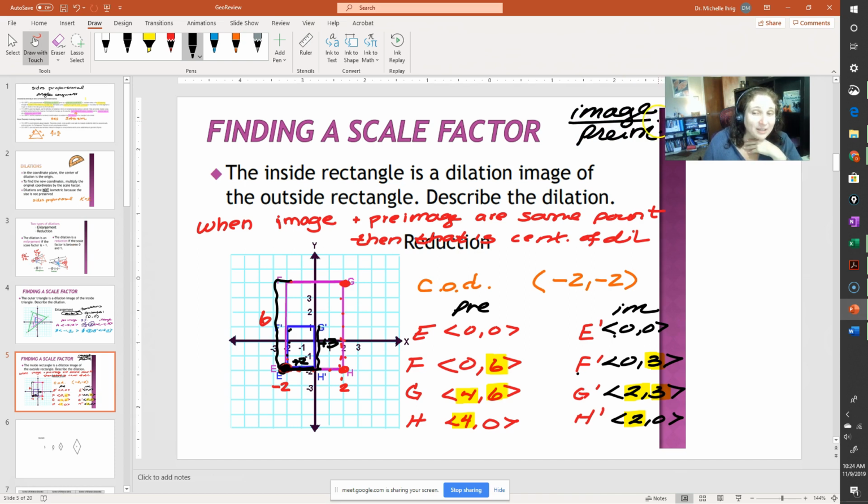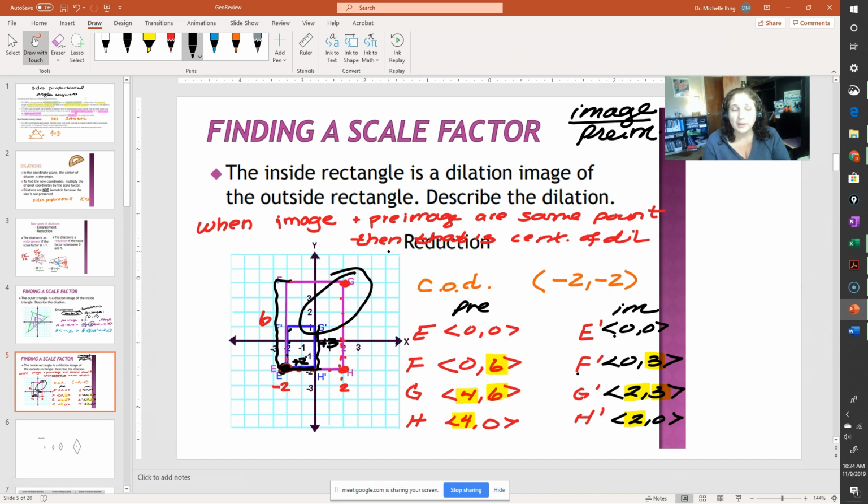Actually, I am doing it way more than I need to. I only needed to do it for 1 point. So really, I could have just done it for G and G prime and been done with the problem. So the question was, you do this when you want to find the scale factor? Yeah, the whole thing I'm showing you is how to find scale factor, but you can also do this process, which we're going to see, when you're given the scale factor and you need to find the image. So I'm giving you way more.